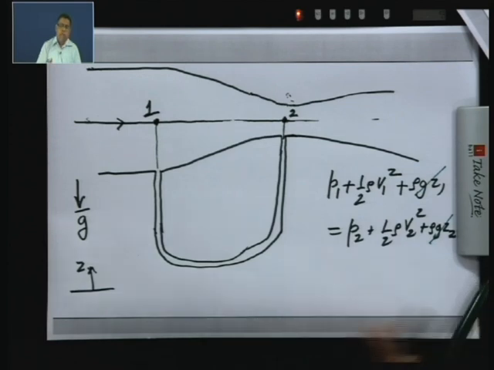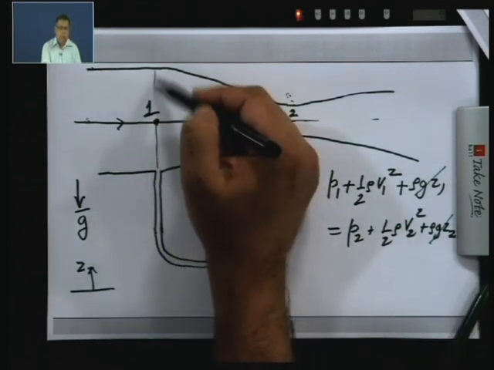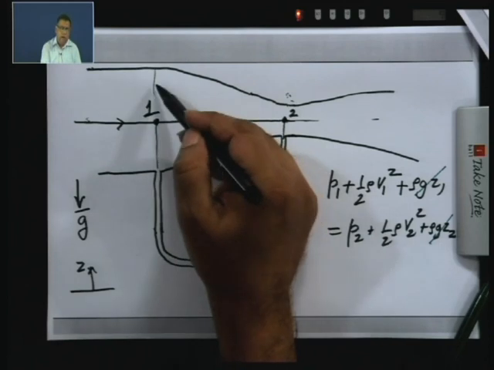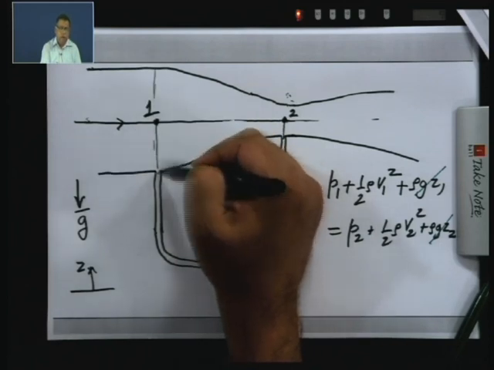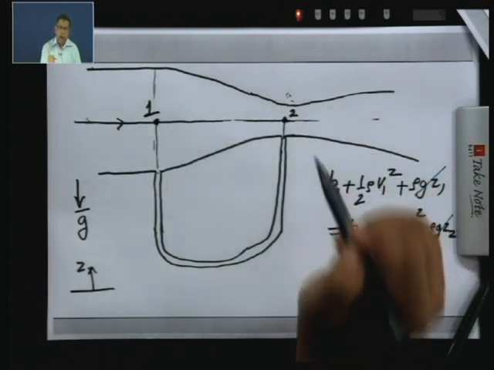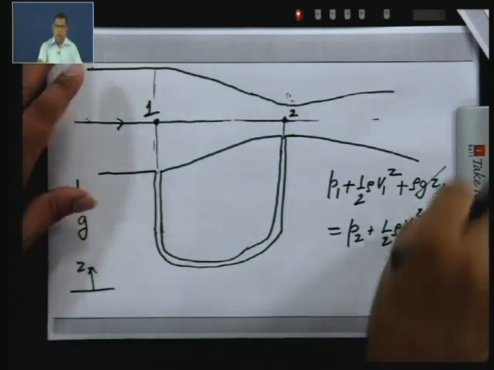Now, if it is an inviscid flow, we expect the velocity profile to be uniform at 1 and uniform at 2.